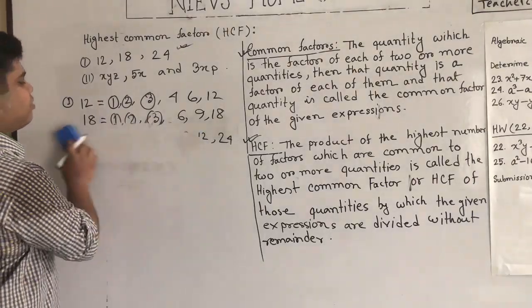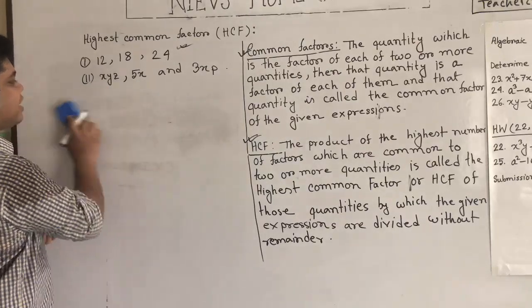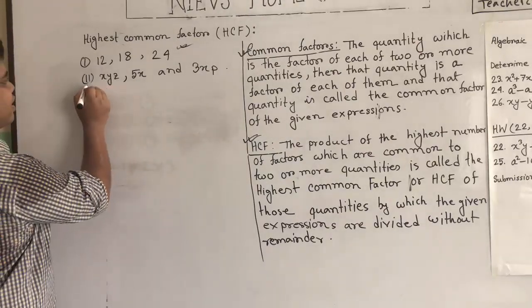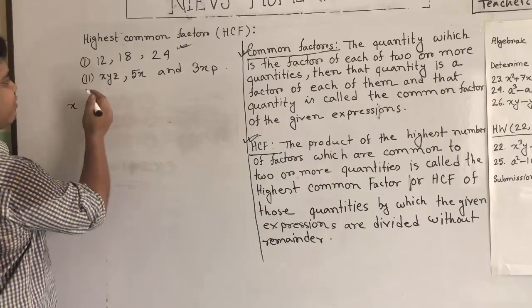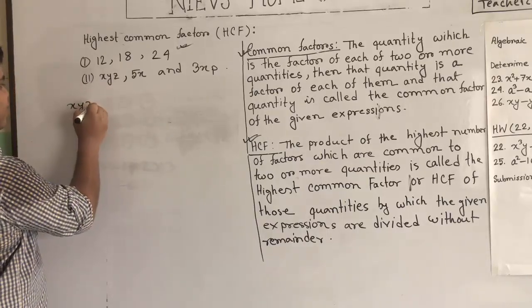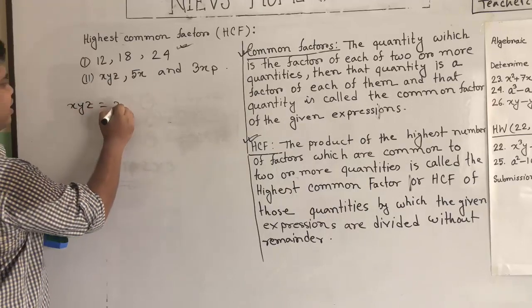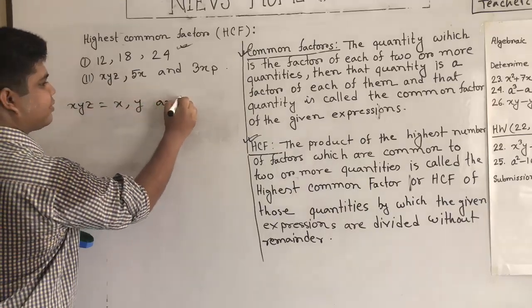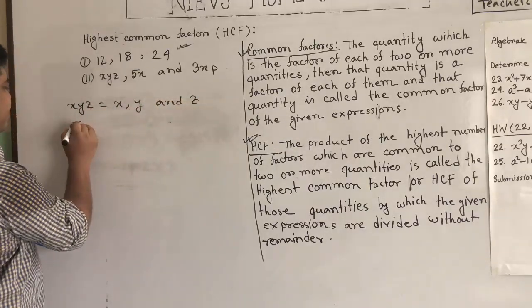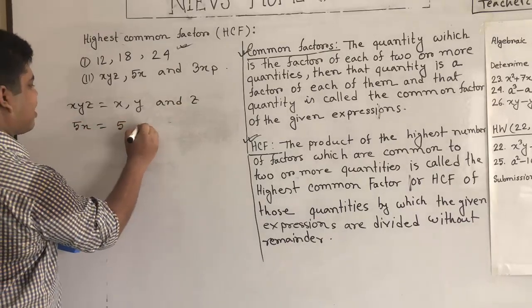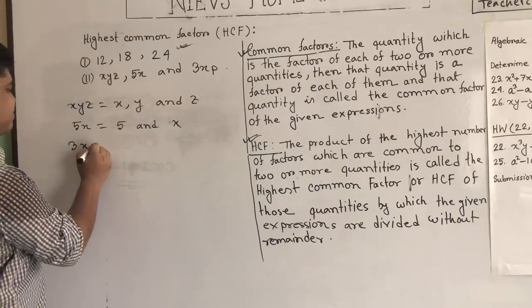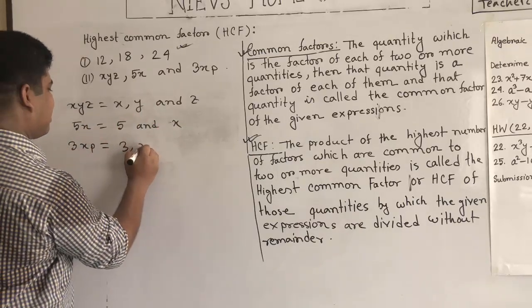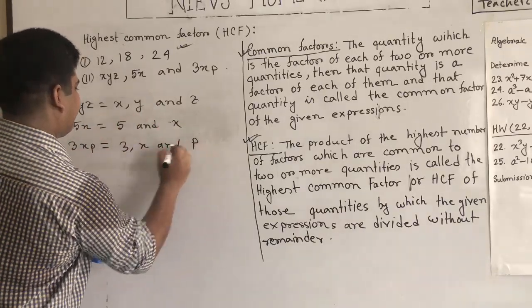Now we shall solve our second math, that means algebra. In algebra, how can we find out HCF? The factors of x, y, z are x, y and z. The factors of 5x are 5 and x. And the factors of 3xp are 3, x and p.